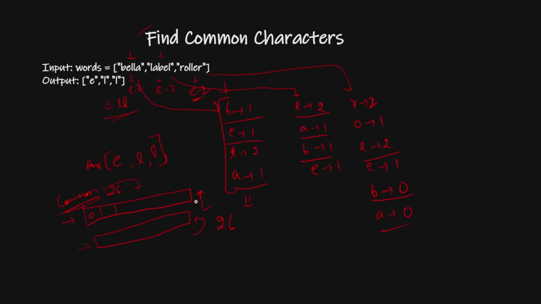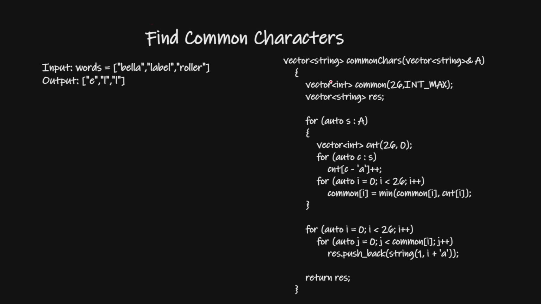So now let's see how we can solve this using code. Here, first of all, we are using this vector, which is our common vector and will store our result, and we are initializing it with int max because we have to store the minimum occurrence. And this is our result, which will store a string.